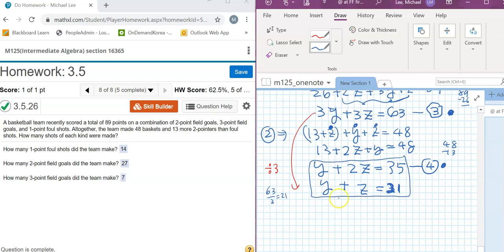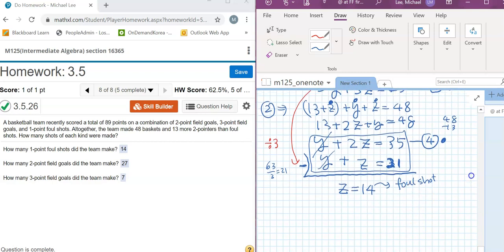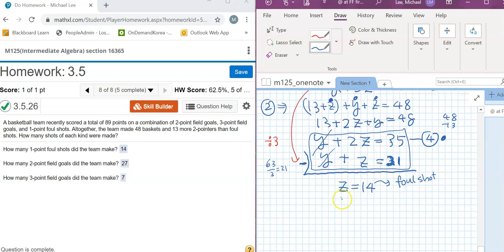If I subtract, Y cancels, leaving 2Z minus Z. So 35 minus 21 is 14. So they made 14 foul shots. Now Z equals 14, then Y is obviously 7.